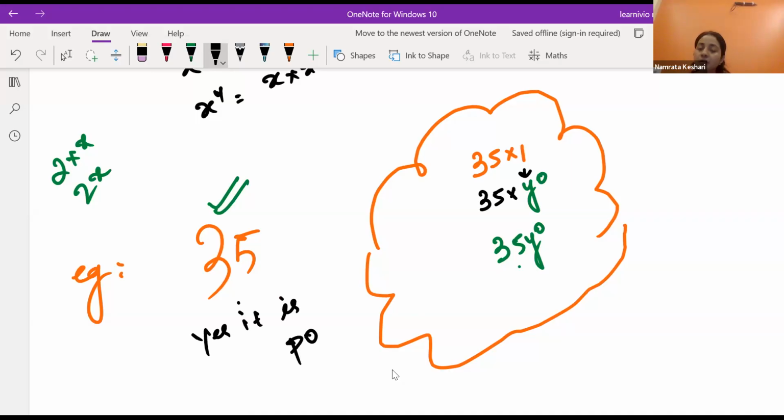The thing which I have explained to you in this curly bracket part, you don't have to mention to anybody. This is just for your mind map, of why we are calling 35 a polynomial. From now onward, whenever anybody asks whether 24 is a polynomial, we will say yes.